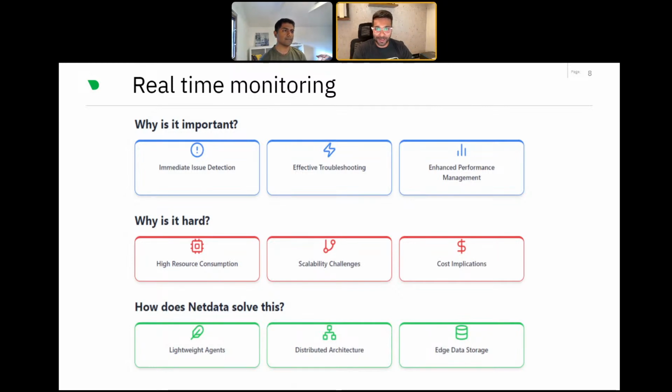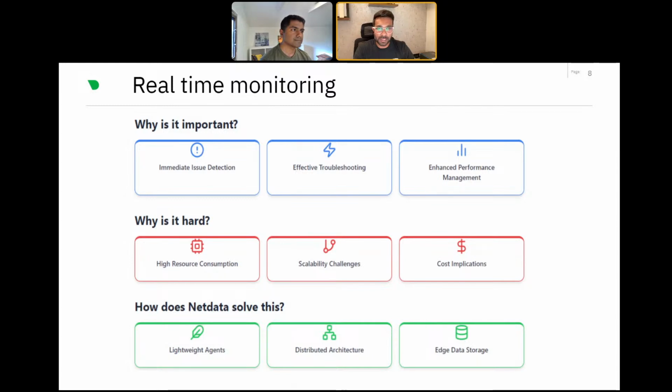And Sham already pointed out what it means, especially if it's not just that you're trying to identify a root cause, but to fix an issue, and you had hours of downtime. So it's basically millions of dollars, in some cases even bigger. So for effective troubleshooting, you absolutely need real-time monitoring.